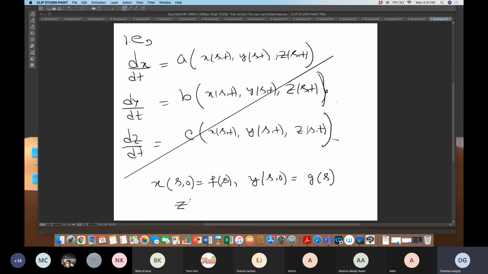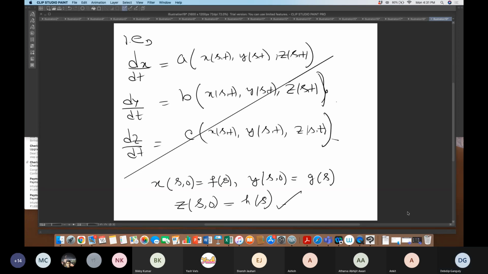Sorry, very sorry today, because my pen is not working at all. Okay? So now you have a system of ordinary differential equations: dx/dt is A, dy/dt equals B, dz/dt equals C. Whenever we are studying an ODE, we need to assign an initial condition. x(s,0) is F(s), y(s,0) is G(s), and z(s,0) is H(s).